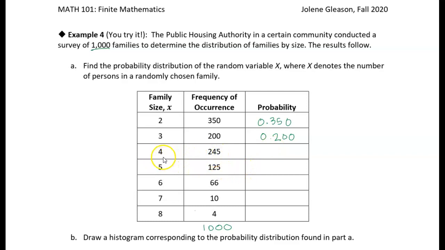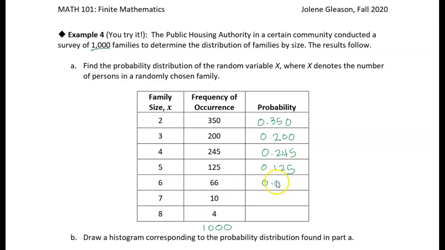245 of those families had a family size of 4. So 245 out of 1,000 as a decimal is just 0.245. 125 families out of 1,000 had a family size of 5. So as a decimal, that becomes 0.125. 66 out of 1,000 were a family size of 6.